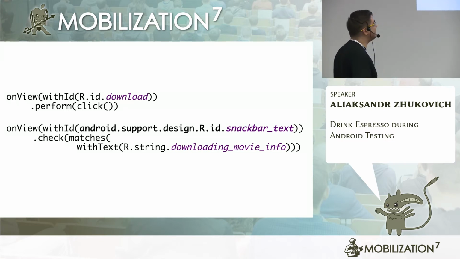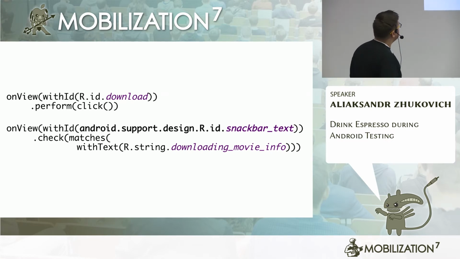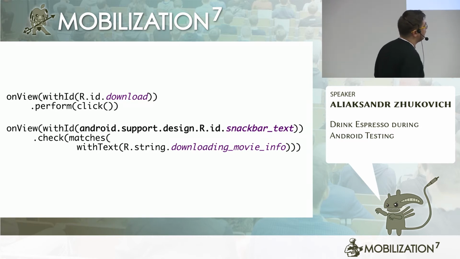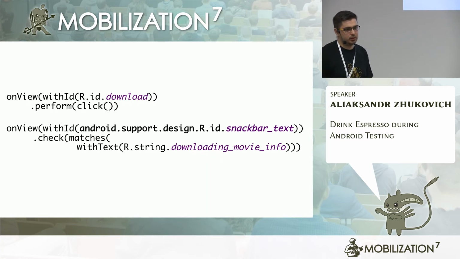Probably it's not a really good idea. The second way is to use UIAutomator Viewer, and I'll show you this tool and tell you a little bit about it. And here we are looking for the view with our snack bar, and finally check the text as snack bar text, the same as we have in the download movie info constant.